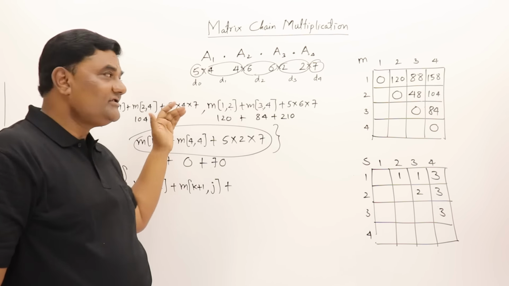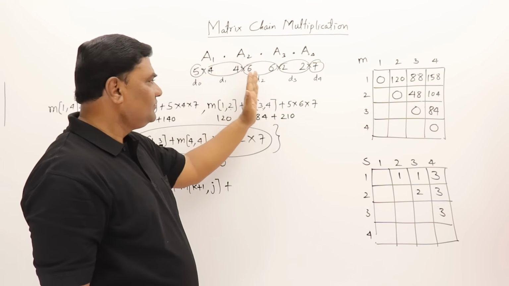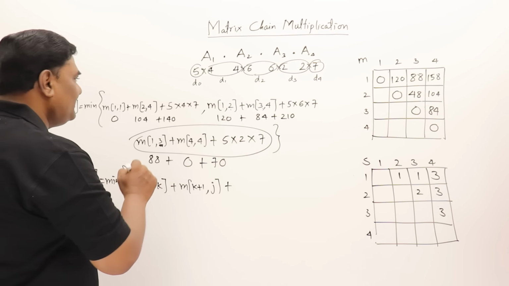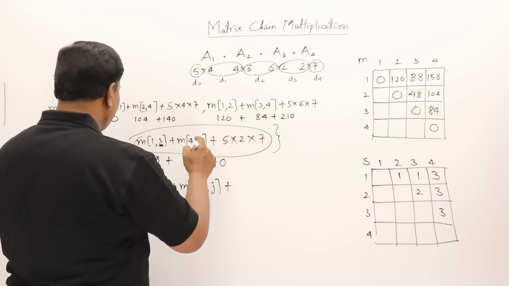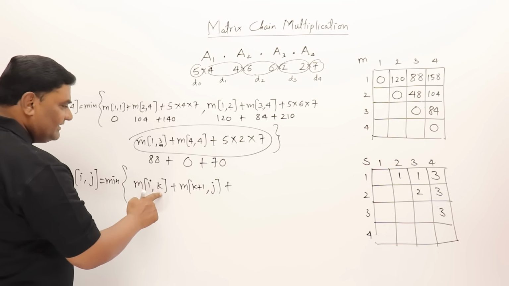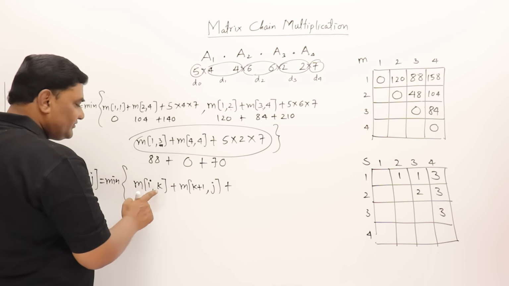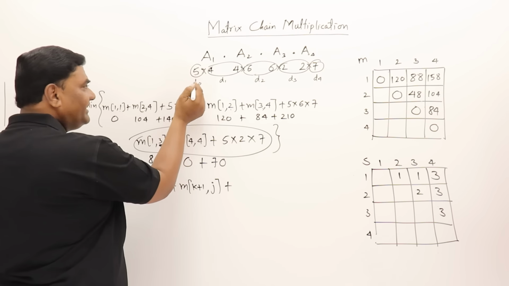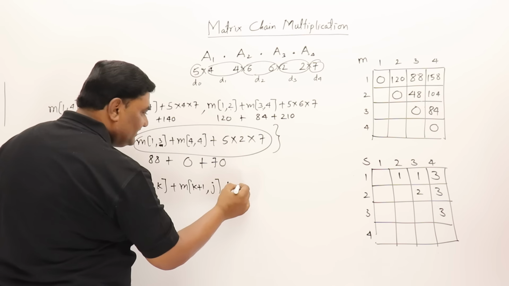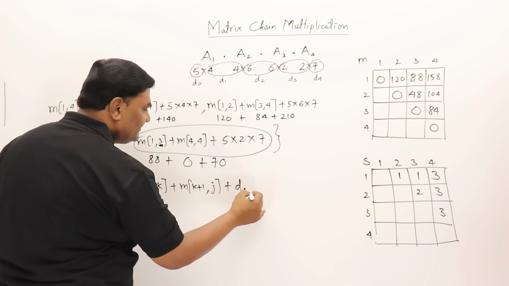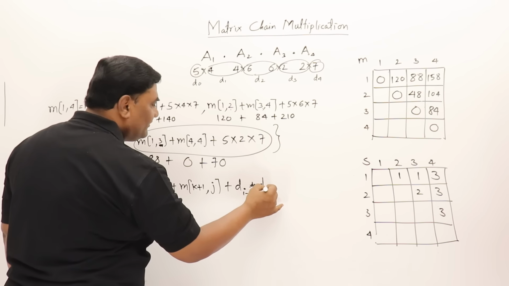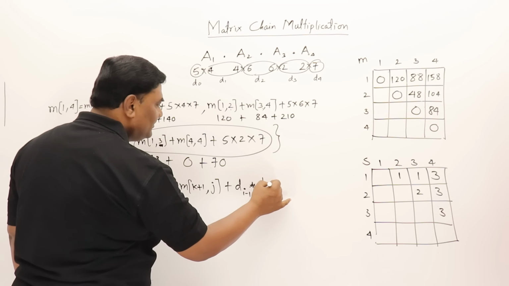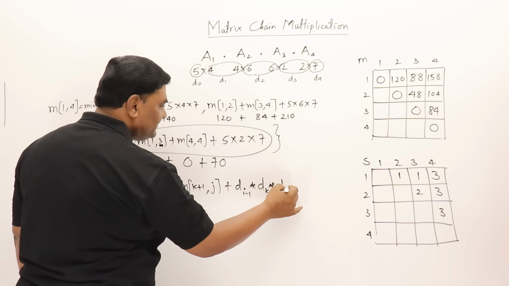So let us start from 0. Dimension 0, 1, 2, 3, 4. So when I am multiplying the matrix, that is i to k, k plus 1 to j, I should take i. So if i is this matrix, then I should take this one, i minus 1. So this is d of i minus 1 into d of k into d of j.